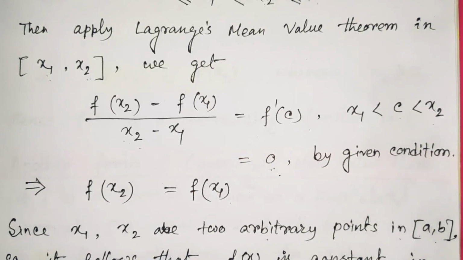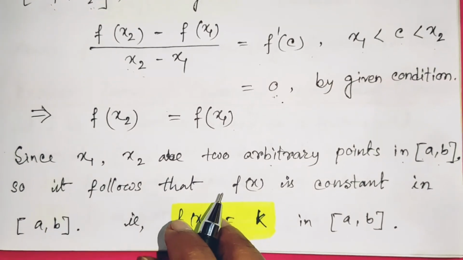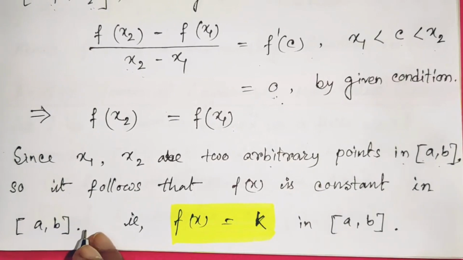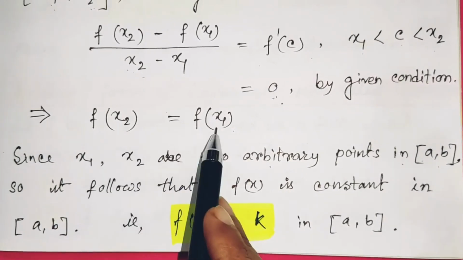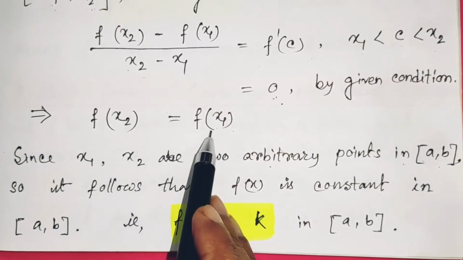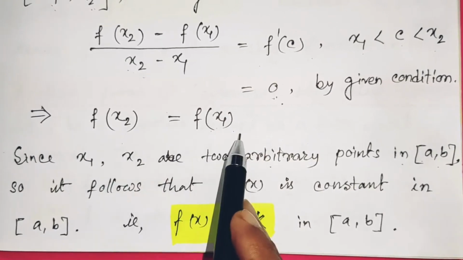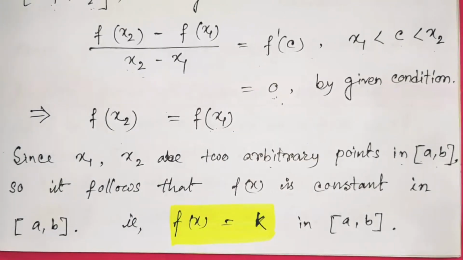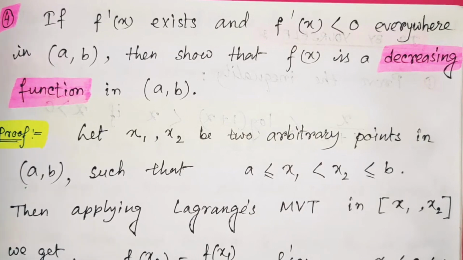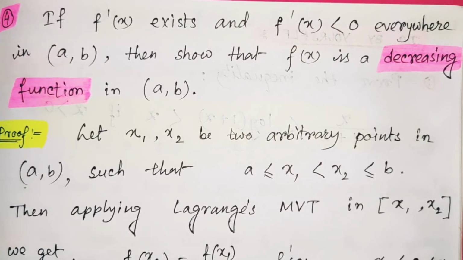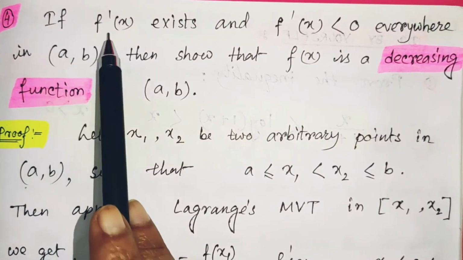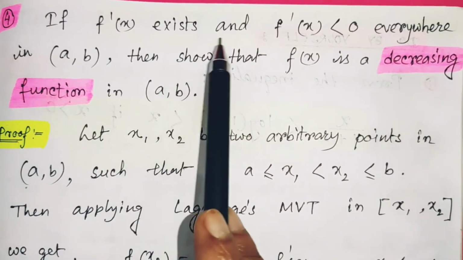So it follows that fx is constant in ab. Is it not? Otherwise, how at two different points the functional values are the same? Unless it is a constant, it is not possible. Hence the proof.